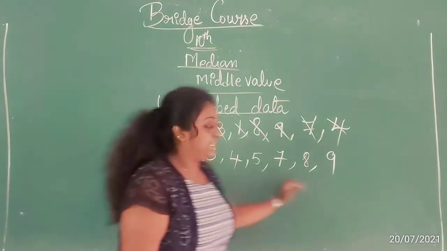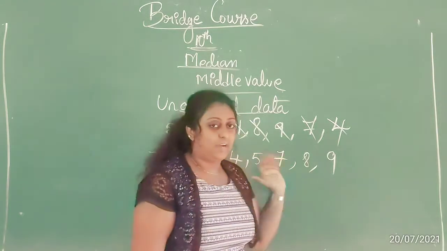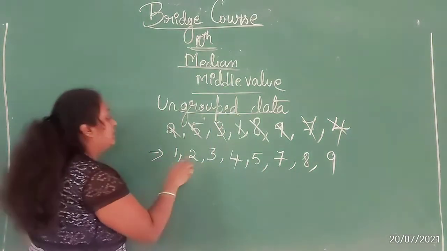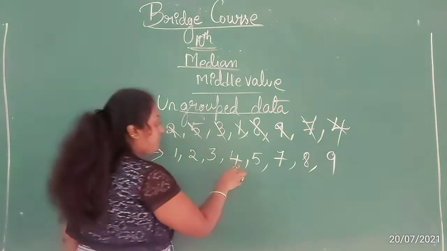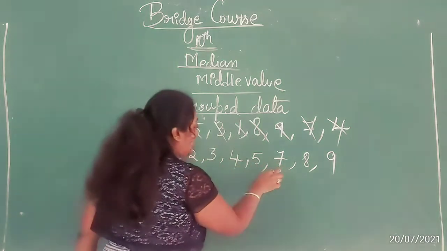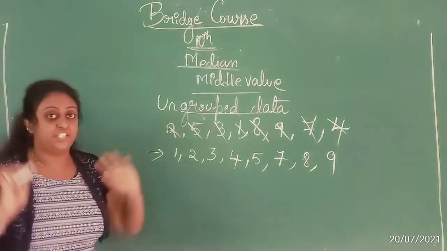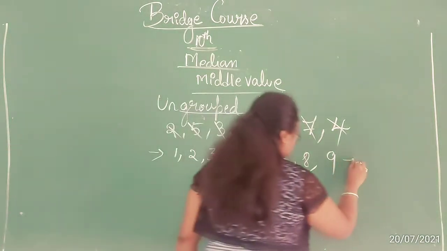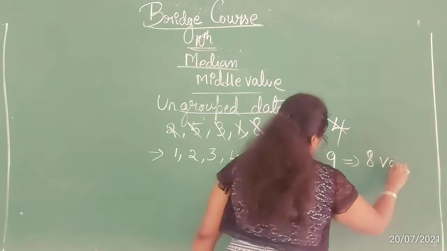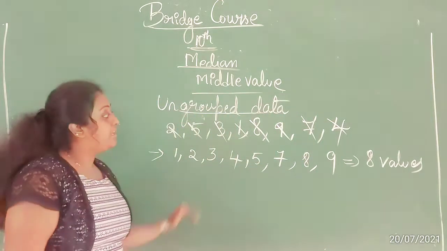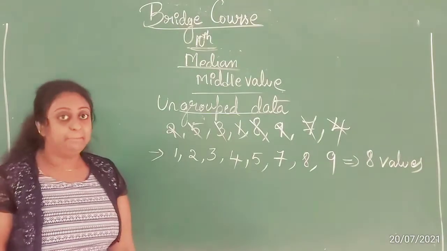So first you order it. Correct. Now you are arranged. Now count how many numbers are there. 1, 2, 3, 4, 5, 6, 7, 8. So how many numbers do we have? 8 numbers. We have totally 8 values.